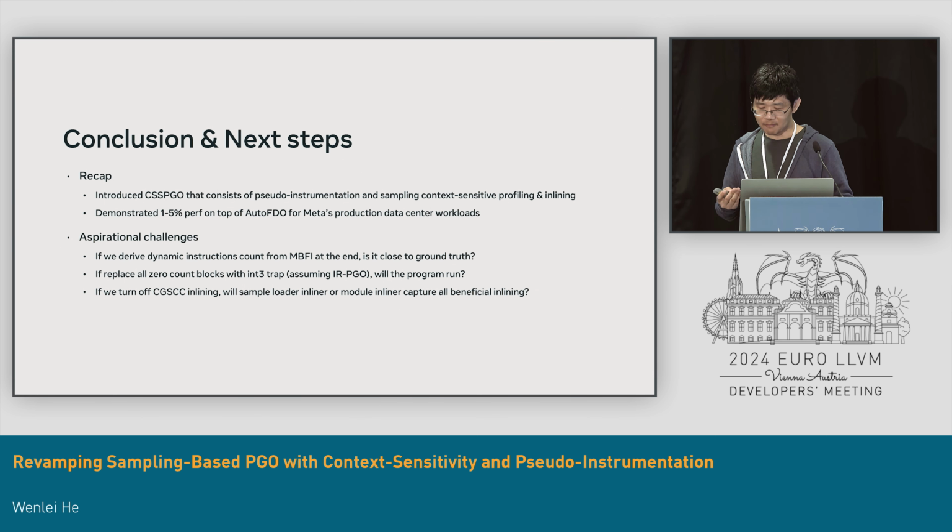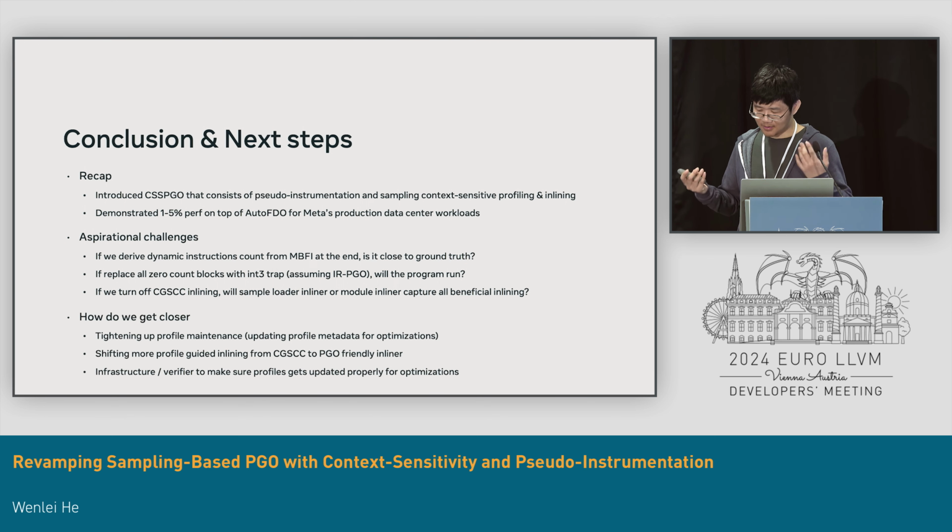For example, if PGO is perfect, and the whole cycle is perfect, then at the end of compilation, if we just get counts for each basic block from MBI5, we should have something that tracks the actual dynamic instruction count of the program pretty closely. But unfortunately, that's not the case. And there are a few other examples where we lag behind compared to the ideal state.